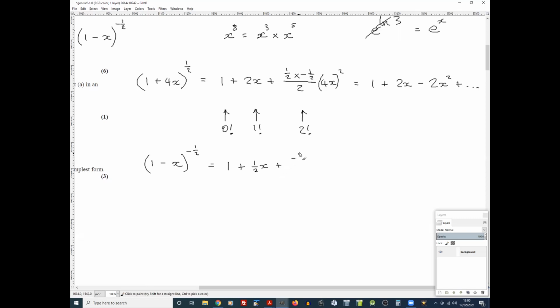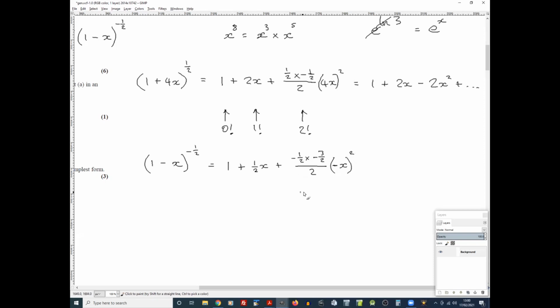So we'll put minus a half times minus 3 over 2, over 2, times minus x squared. You should say minus x all squared to indicate the brackets there. I'm sure you meant that, didn't you?